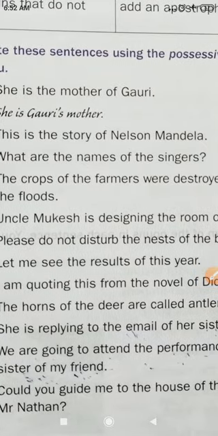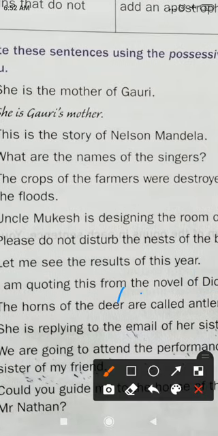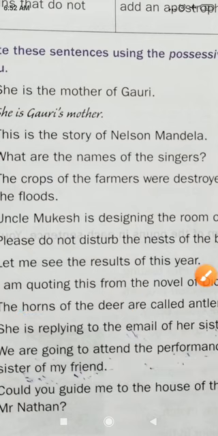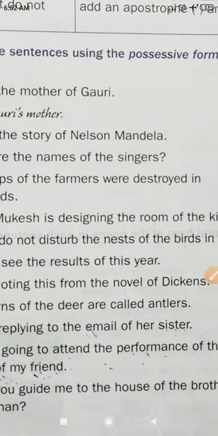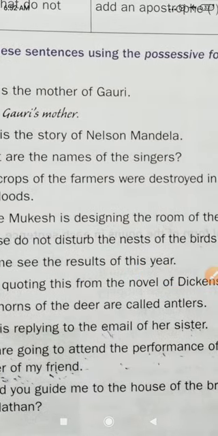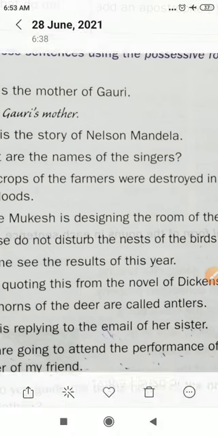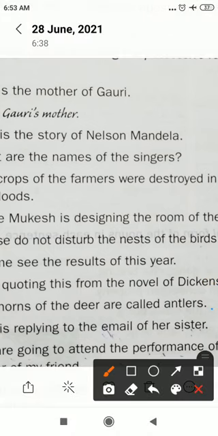In this sentence we can write deer's horns. Deer's horns are called antlers. And another question. She is replying to the email of her sisters. Sisters' email: she is replying to her sisters' email.